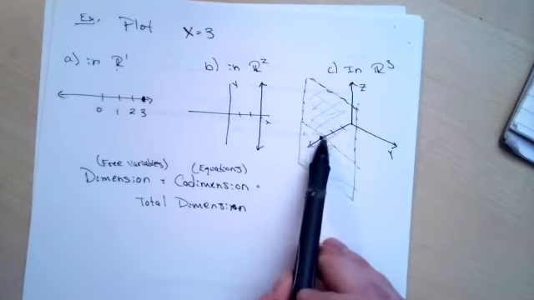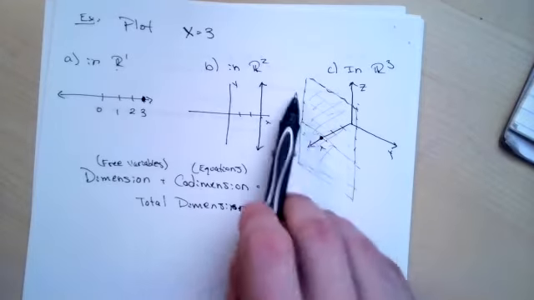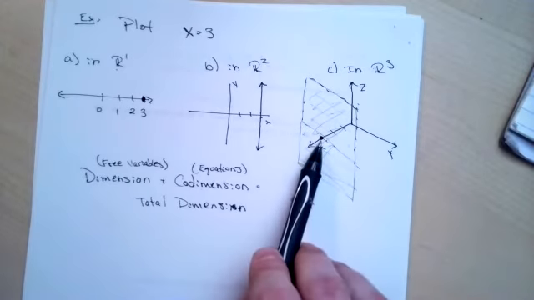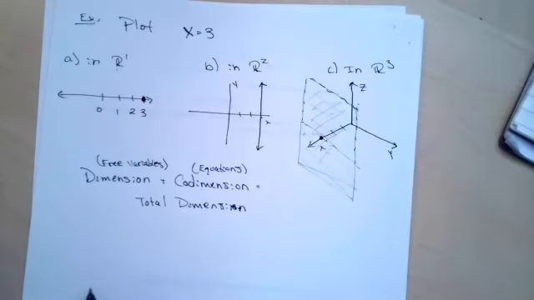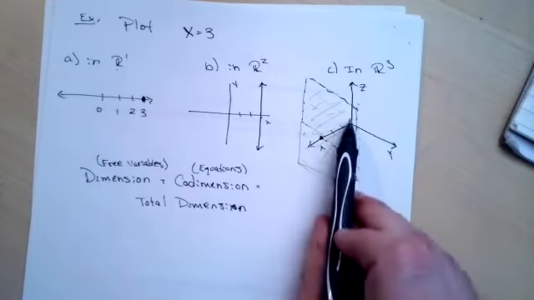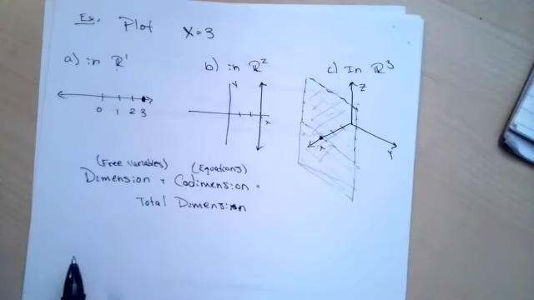In other words, our y variable and our z variable are freely chosen. I can choose any other y and z value as long as that x value is 3. And the set of all of those points gives us this plane. And that plane is a 2-dimensional object, our two free variables being y and z.